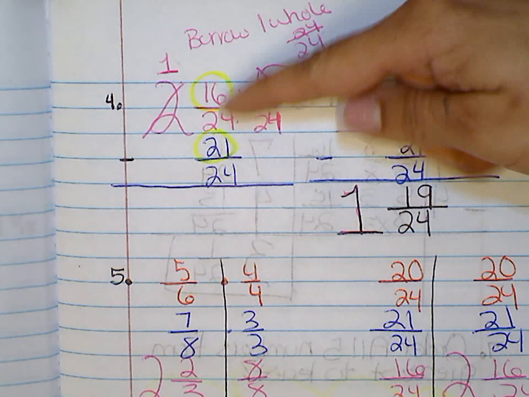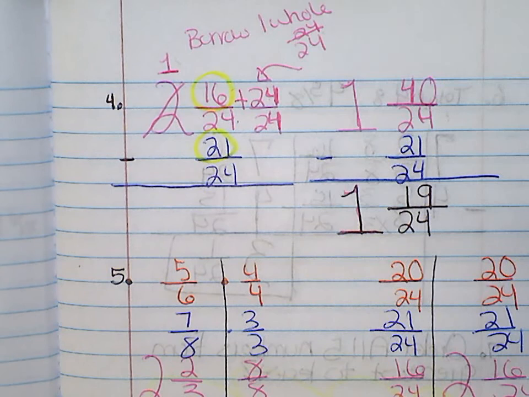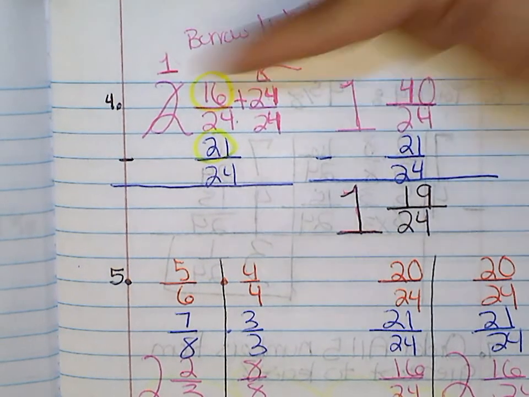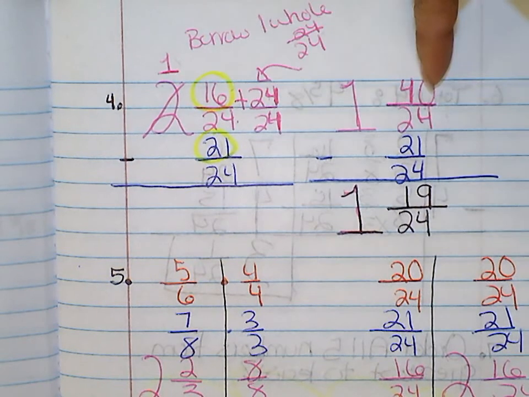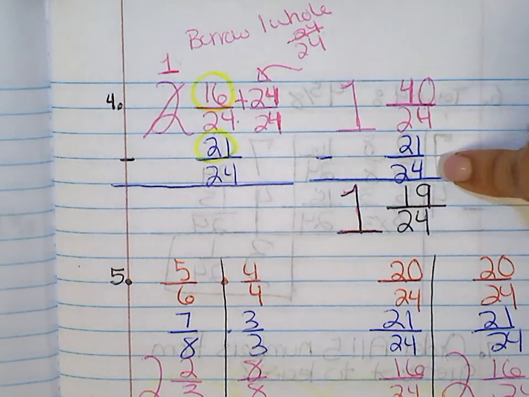So we don't add the denominators, do we? No, those stay the same, right? But we add the numerators. So then we're going to come over here. We have 1. We added these two to get 40 over 24. And now we can do some subtracting.